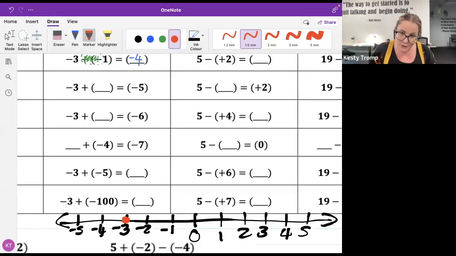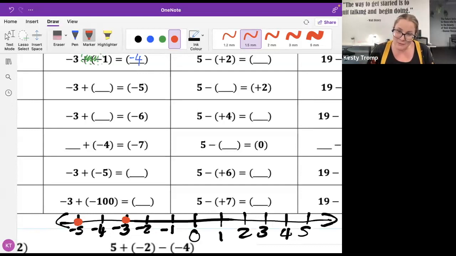So -3 plus something will get me to -5. So here I am at -3.